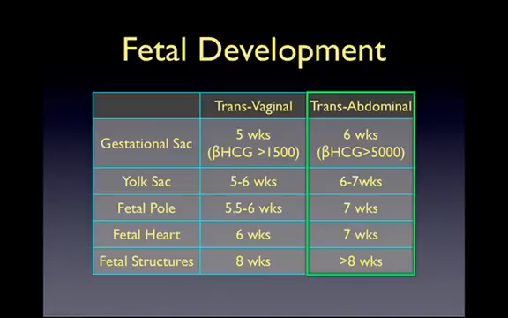Some of the literature suggests that the earliest corresponding serum beta HCG level at which a gestational sac can be visualized is at approximately 5,000 milliunits per milliliter. The serum level, or discriminatory zone, is controversial and will be addressed at a later slide.